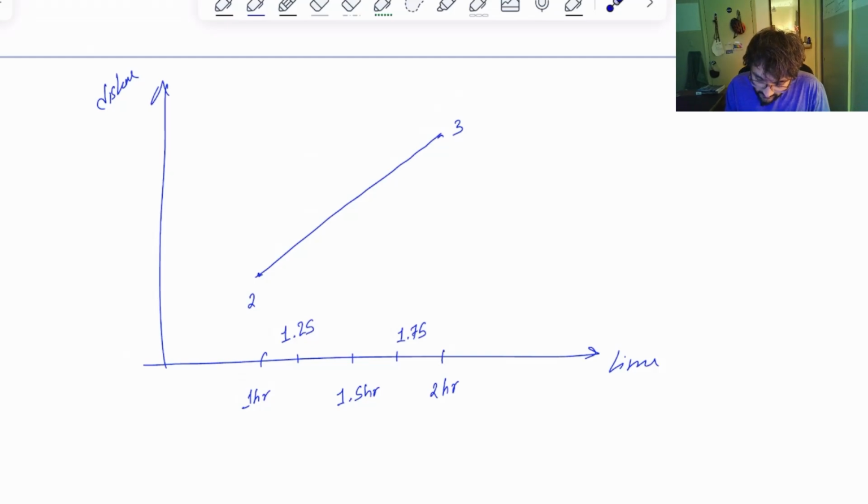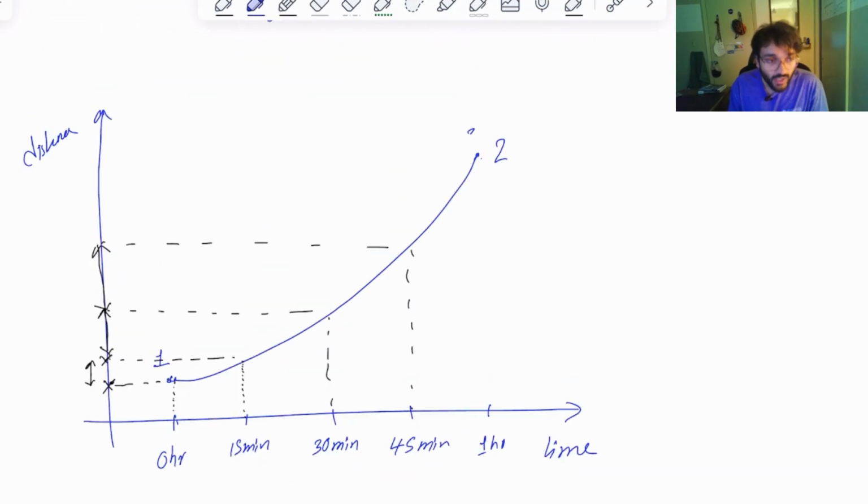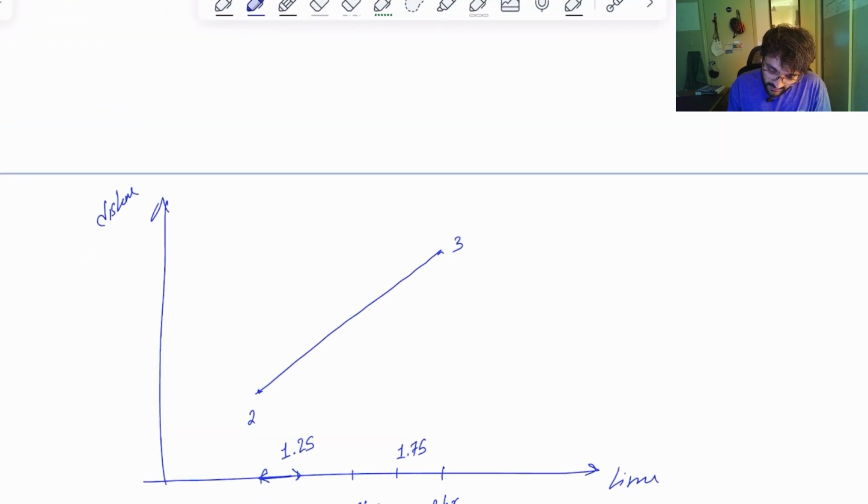I just want to see in each of those 15 minutes how much distance is being traveled, right? This time I'm not going to do it in a very detailed way as I did for this one, because you probably know by now what to do. So what you do is you go up and then you go left. So that's the distance for this time. You go up, you go left. That's the distance. You go up, you go left. So that's the distance for that time. So as you can see, for the first 15 minutes, this is the distance.